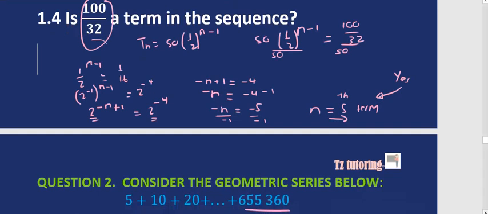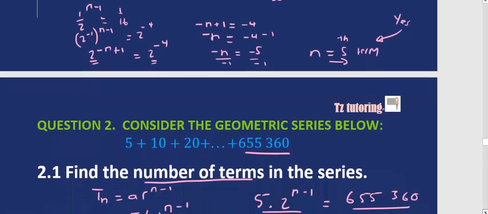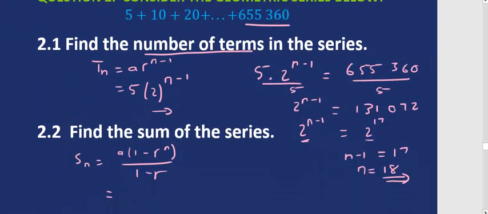So a is going to be 5. 1 minus the ratio, you keep multiplying by 2, so r is 2. We can just substitute 18 for n because we already know there are 18 terms.